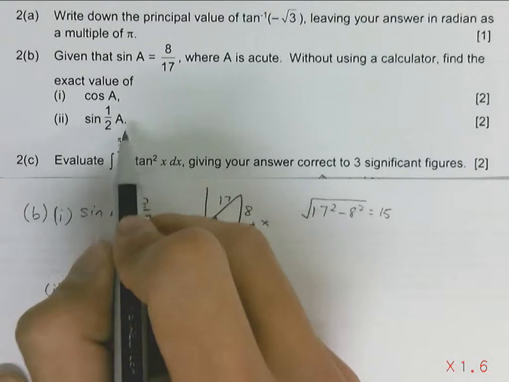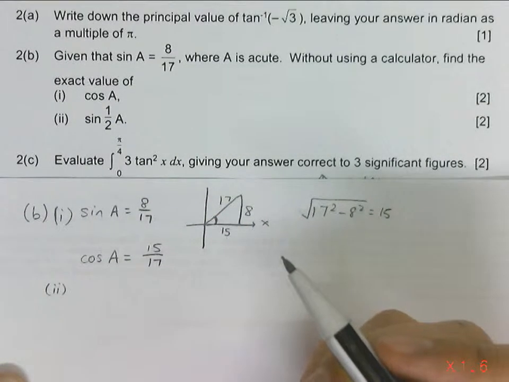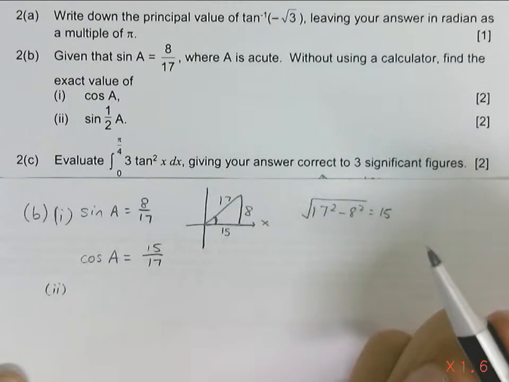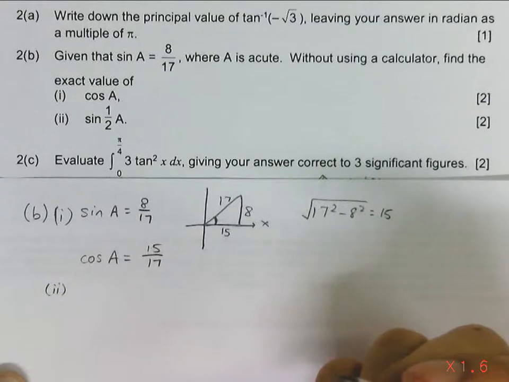Half A, a factor of half, can be related to the double angle formula. So we can check from the formula list whether sine 2A or cosine 2A would work.